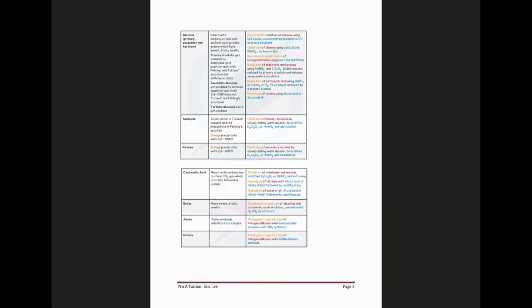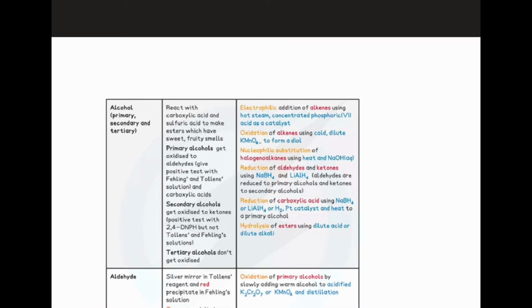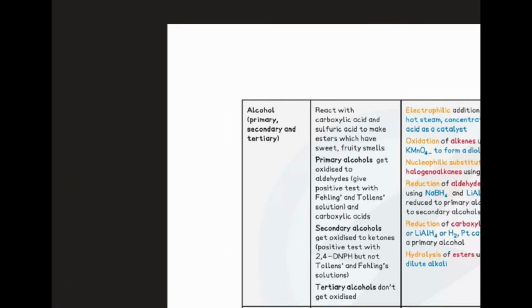On the next page, we have alcohol. Again, for alcohol, we have primary, secondary, and tertiary. Primary alcohol is very similar to the primary halogenoalkane. It is a carbon that is linked to OH.